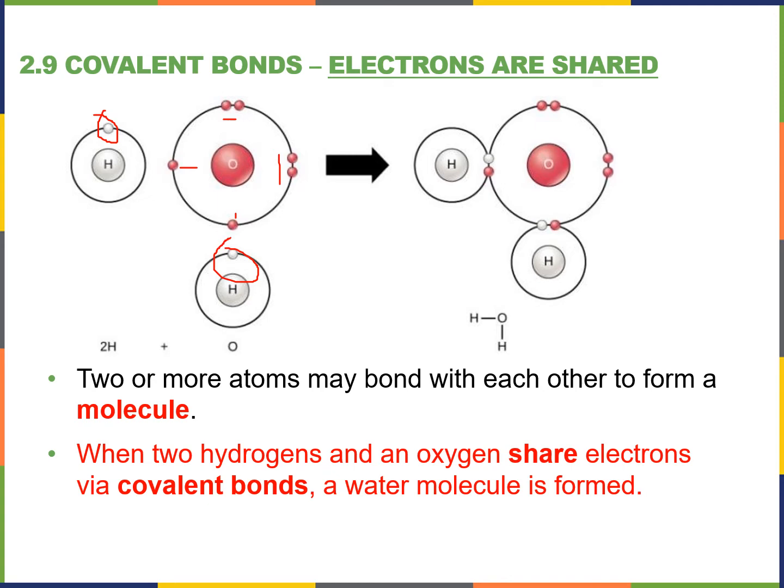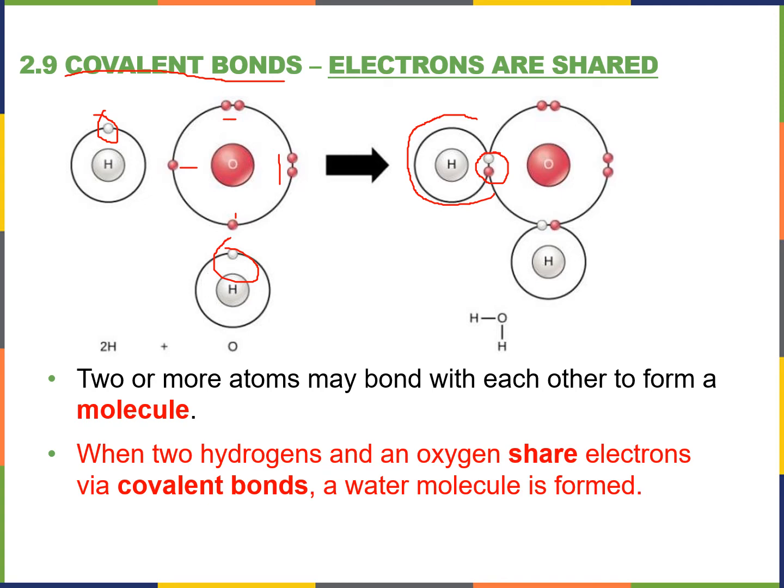Quote unquote weaker. So what you see here in what is referred to as a covalent bond is actually the sharing of electrons. In any given instant in this water molecule, how do I know it's water? 2 H's and an O, H2O. So at any given instant, these 2 electrons we see right there can be in orbit around the hydrogen, making hydrogen very stable, very happy.